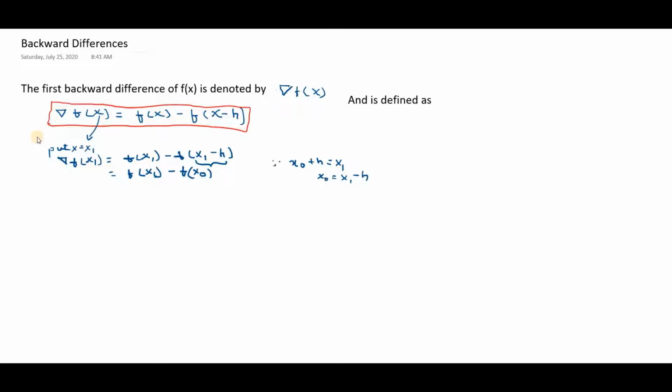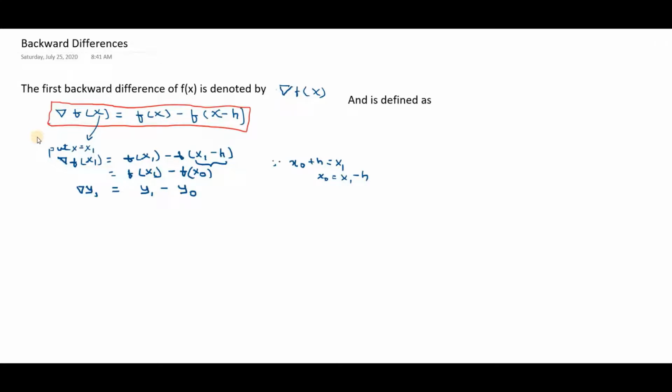So I will write here f of x1 minus f of x0, and briefly we can write del f of x1 as del y1, f of x1 as y1, and f of x0 as y0. So this is the first backward difference. Del y1 is equal to y1 minus y0.